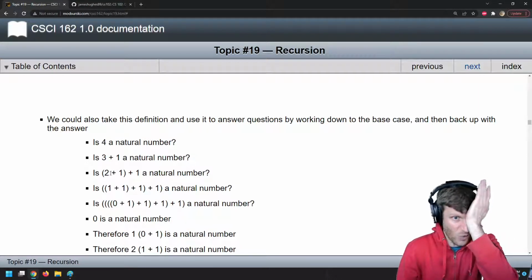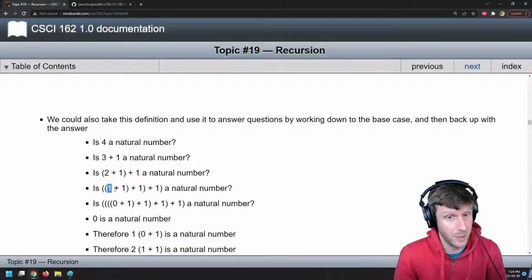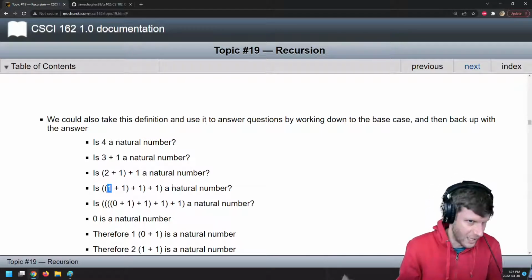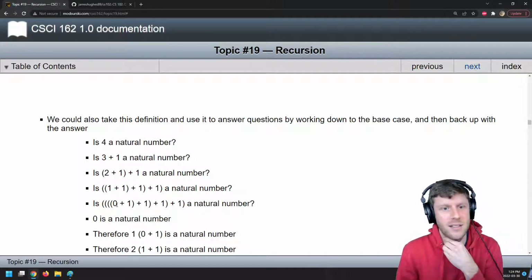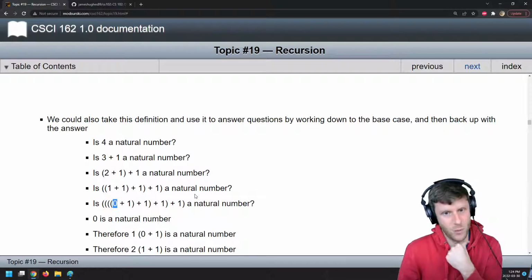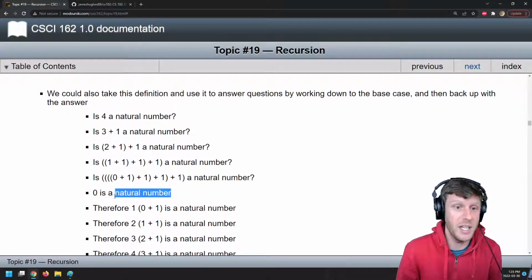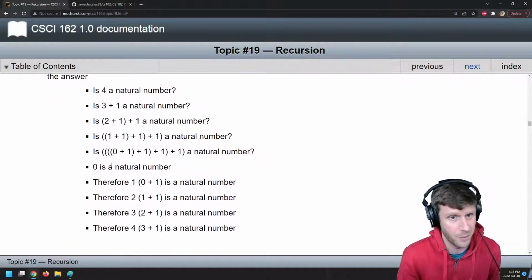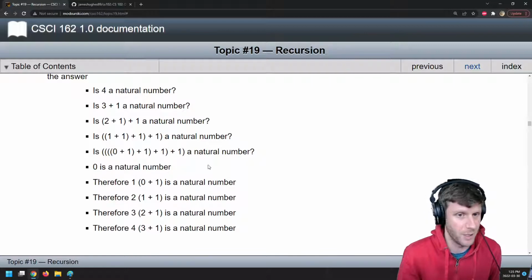And then if I take the 1 out of the 3, it's a matter of 2 being a natural number, then it's a matter of 1 being a natural number. So is 0 plus 1 plus 1 plus 1 plus 1 a natural number? Well, we do know by the definition of the natural numbers, this recursive one right here, that 0 is a natural number.